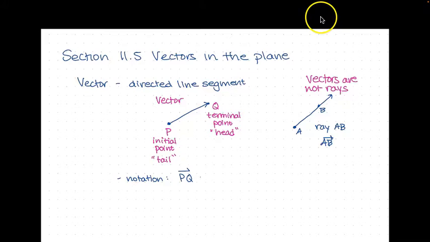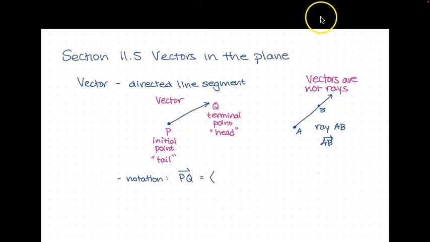Because the direction of a vector in 2 dimensions, we can talk about the horizontal direction and then the vertical direction. There's a horizontal and vertical component, just like there are for coordinate points. But instead of parentheses for a coordinate pair, we use angle brackets. They look like a less than or greater than, but they're actually slightly more stretched out. Again, your handwriting is not going to be perfect.